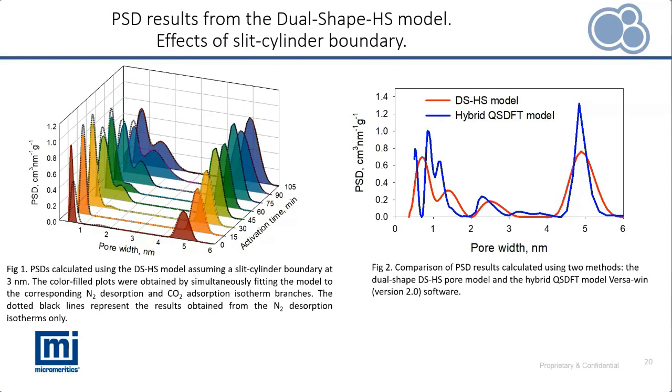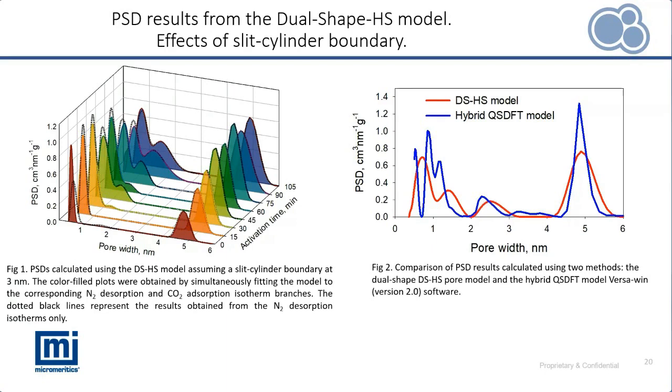Figure 2 shows the pore size distribution for the most activated sample using the boundary parameter of 2 nanometers. This assumption results in an artifact at about 2.5 nanometers.